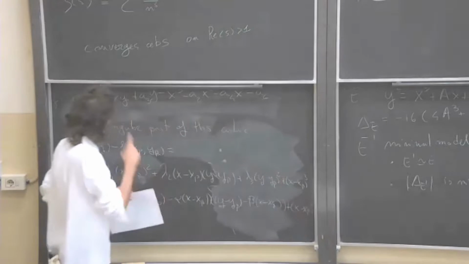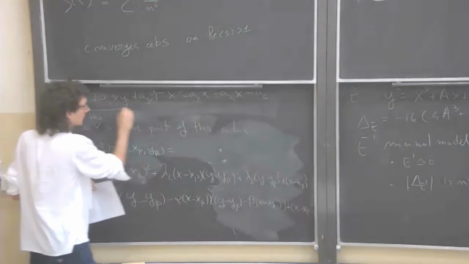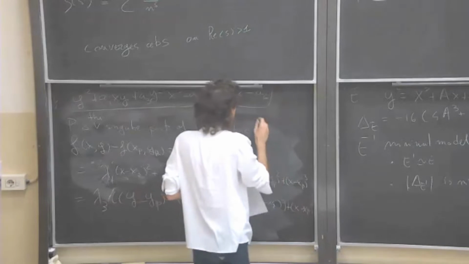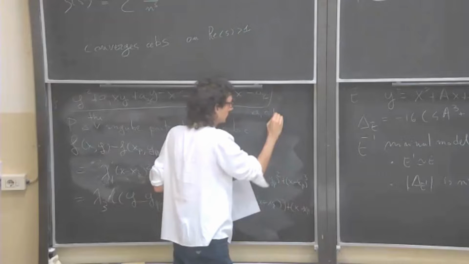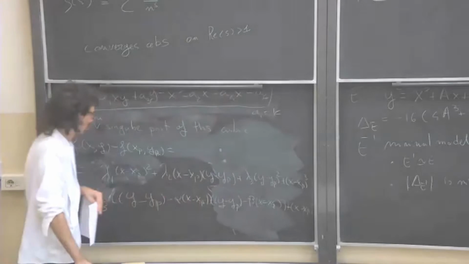Now let's say this expression is with the lambda i's in K, a field.